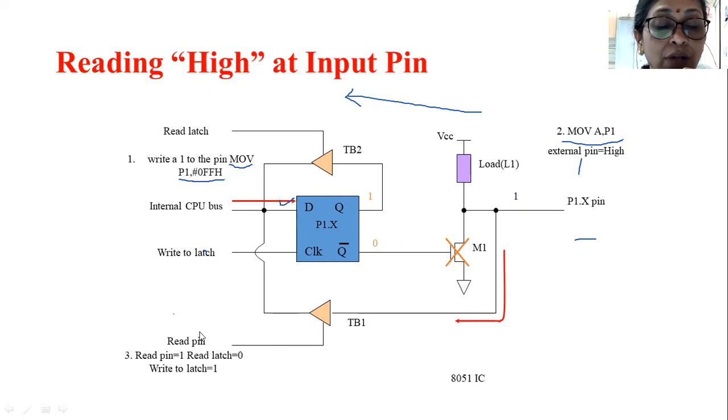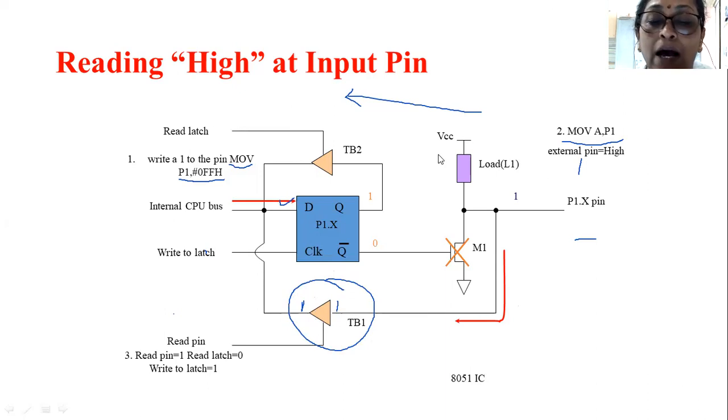Okay, so now this pin is made 1, and when this pin is made 1, this particular buffer, which buffer? TB1 buffer, this buffer will be enabled, and when this buffer is enabled, the logic 1 which is present at the port pin will be applied to the output of the buffer.